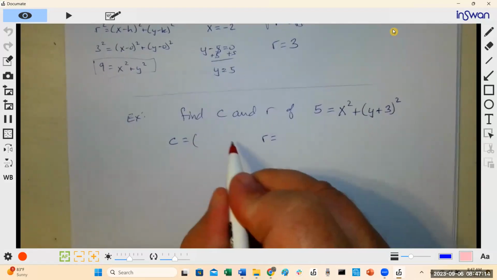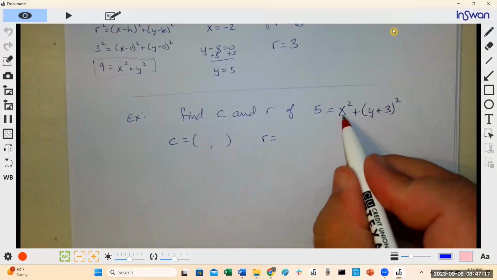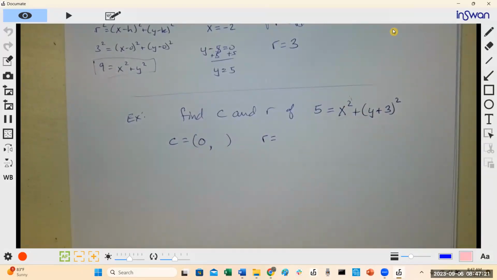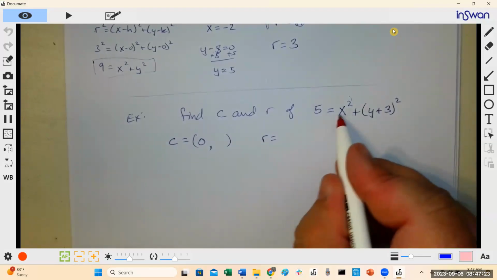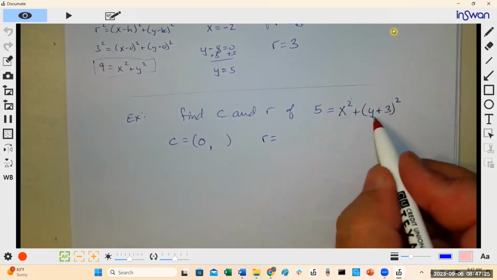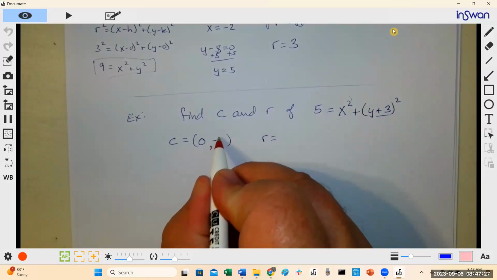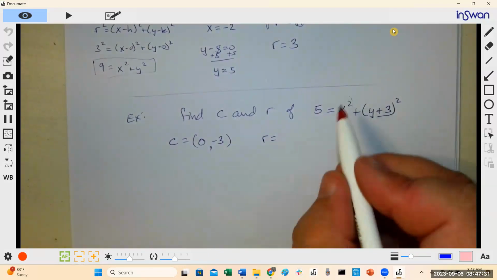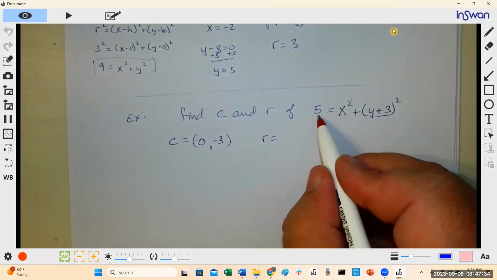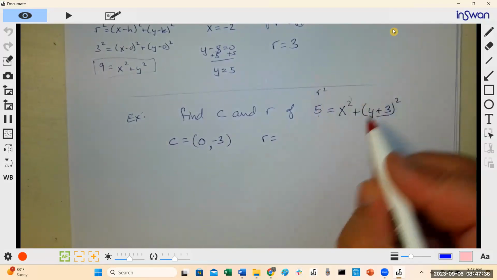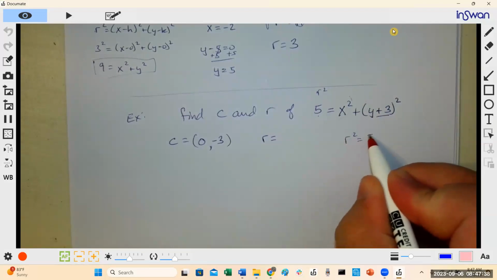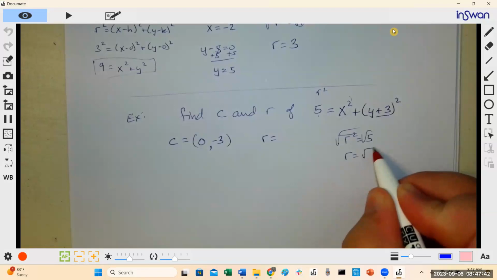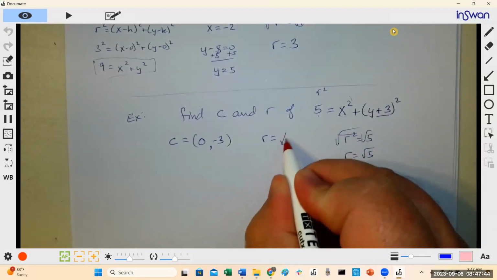The center, since this one has nothing around it, it's 0 because there's no plus or minus next to it. And it's opposite, so it's negative 3. So there's a center. And that, remember, this equals r squared. So square root both sides equals the square root of 5.